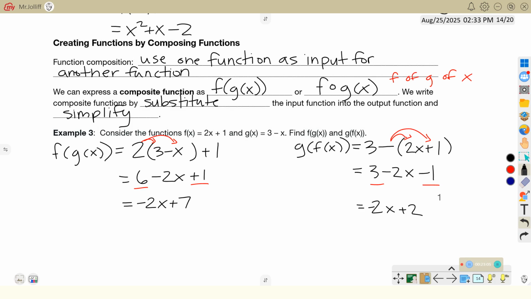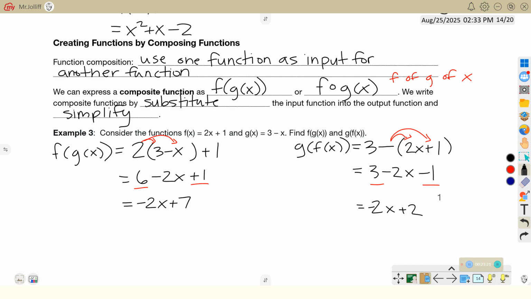Are those two functions the same? F of g of x, g of f of x, are they the same? No, they're related. I see the same slope in both. They're both linear, they're both same slope. They've got different y-intercepts.